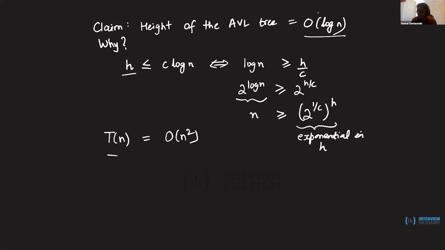It means that the graph of t of n, if you were to plot it for different values of n, let's say we are talking about the worst case here, the worst case running time is going to be bounded from above by some constant multiple of n square. That's what it means for the running time to be order n square.